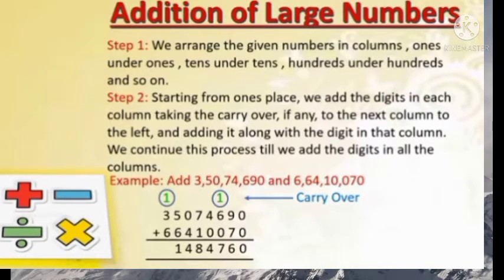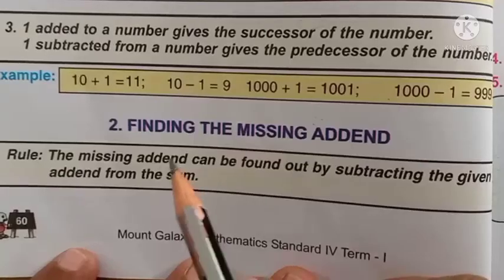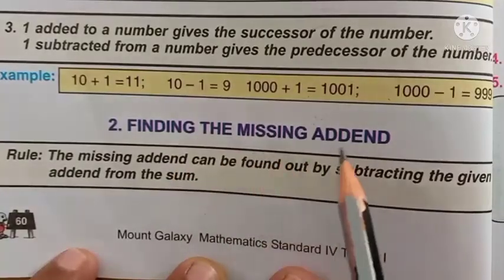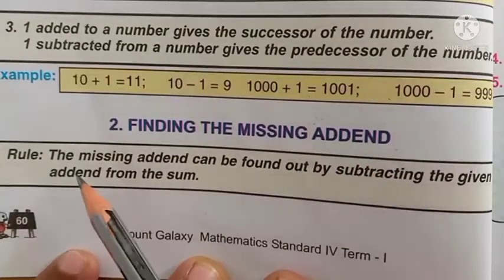Now next is 6 plus 3, 9 plus 1 carryover 10. So the sum is 10 crore 14 lakh 84,760.